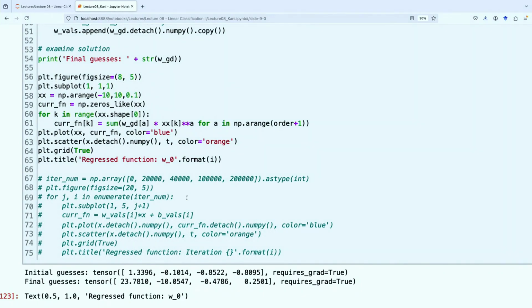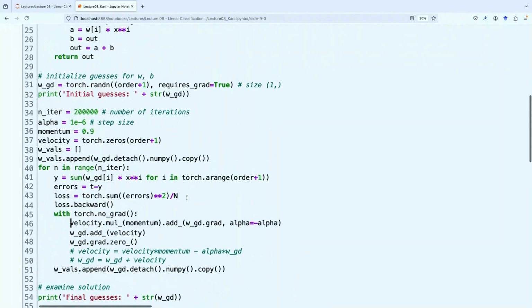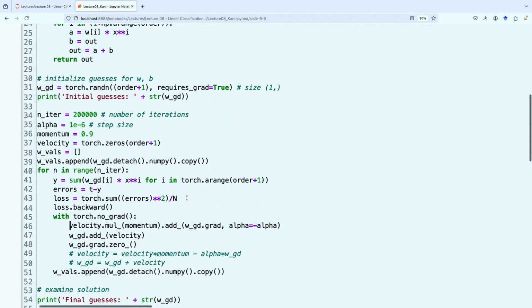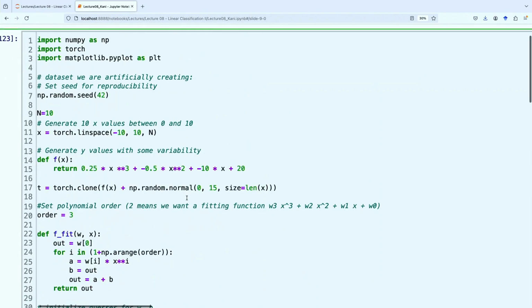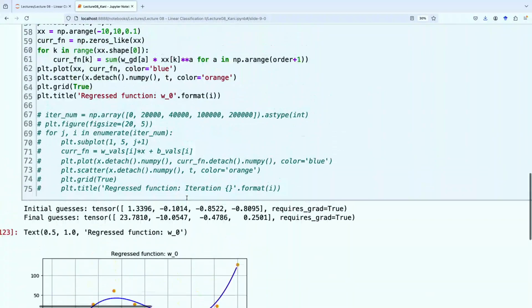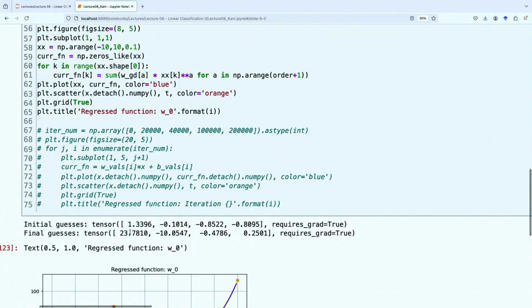Either way, very close. It was 20. Okay, so it was 23, so a few off of 23. So it works pretty well, I think.